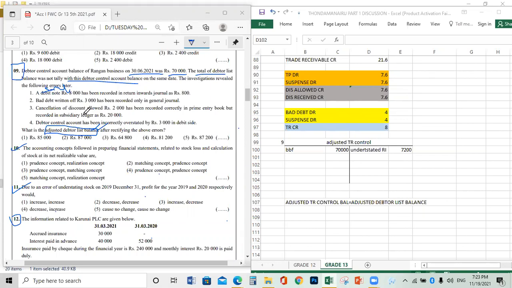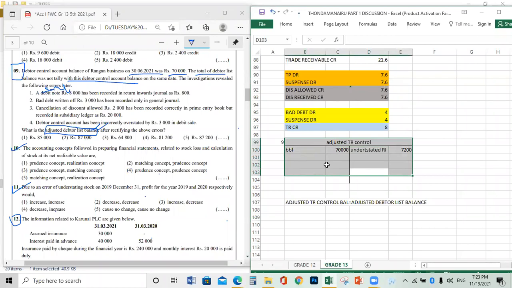Cancellation of discount of 2,000 has been recorded correctly in the prime entry book, but recorded in the subsidiary ledger as 20,000. So even if you do the adjusted trade receivable, you will get the answer, right? They say discount allowed. You have cancelled discount allowed. It was correctly recorded in the prime entry.